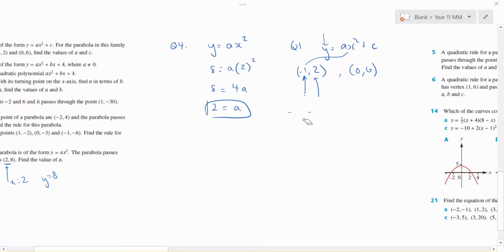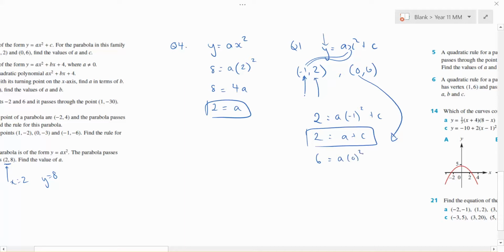So you get an equation: 2 equals a times -1 squared plus c, and you end up with 2 equals a plus c. And then you would do the same for the next one. When x is 0, y is 6. So you get 6 equals a times 0 squared plus c, and you end up with 0 plus c equals 6, and c equals 6.